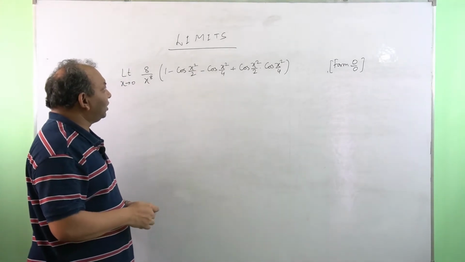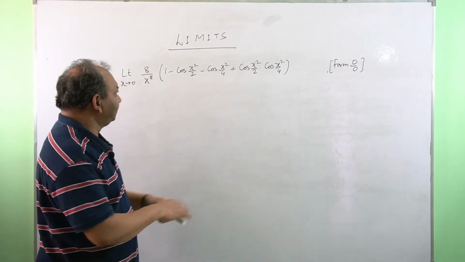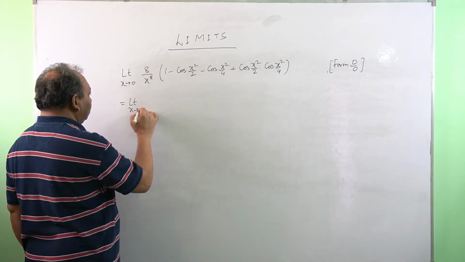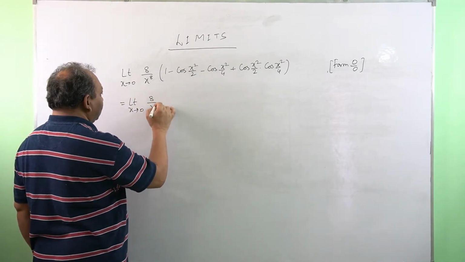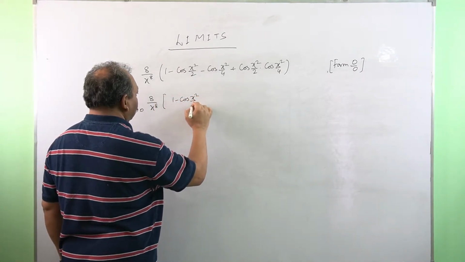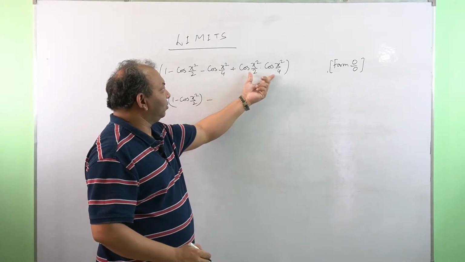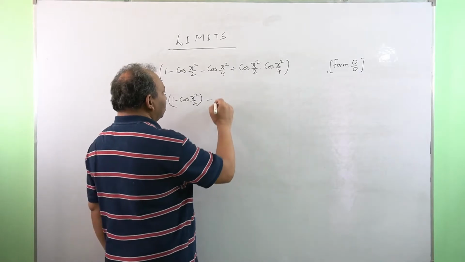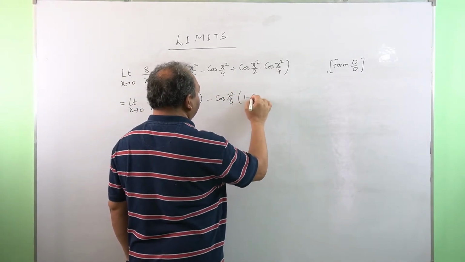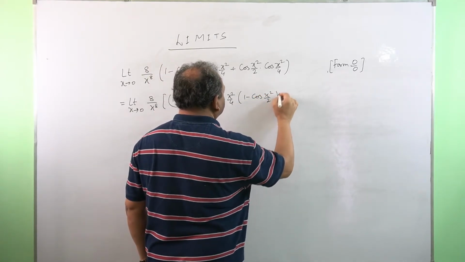We will solve this by using the factorization method. So first of all, factorize this expression. Limit x tends to 0, 8 by x raised 8 into (1 minus cos x square by 2). Take minus cos x square by 4 common from these two terms. So minus cos x square by 4 into (1 minus cos x square by 2).